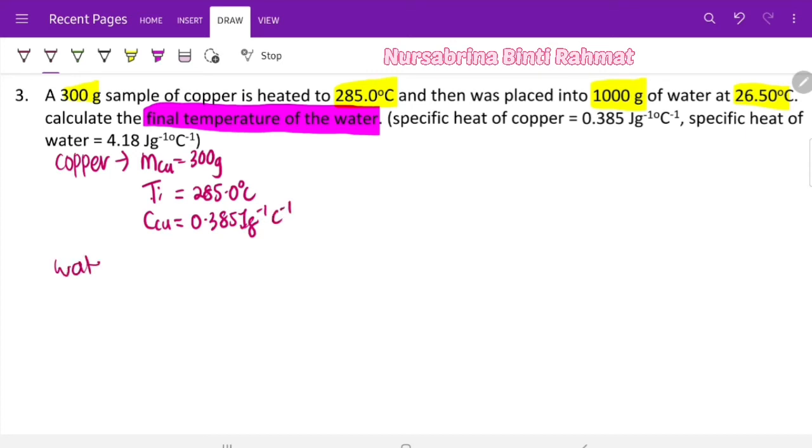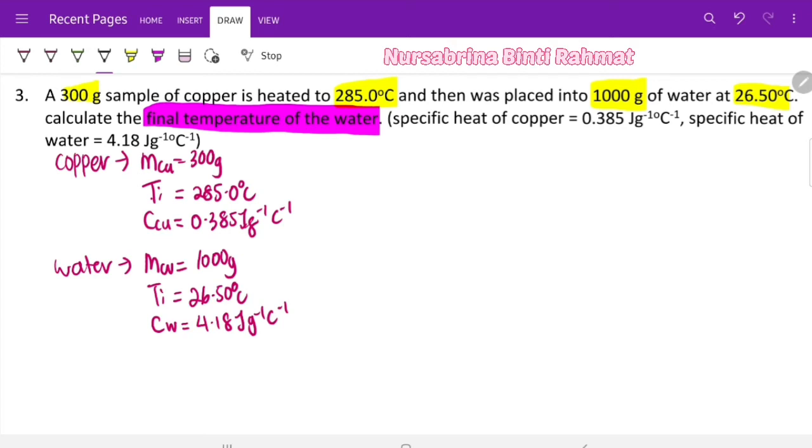Whereas for your water, mass W stands for water, which is 1000 gram, and the initial temperature of your water is 26.50 degrees C, and the specific heat capacity of your water is 4.18 joule per gram per Celsius. Okay, so let's solve this question.